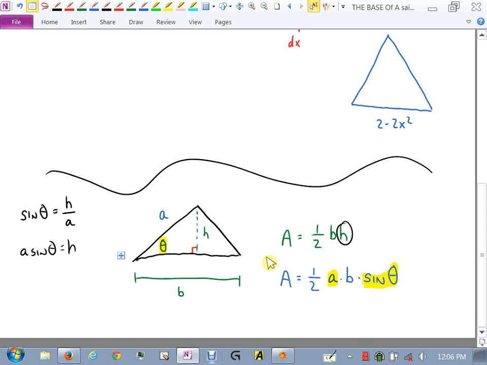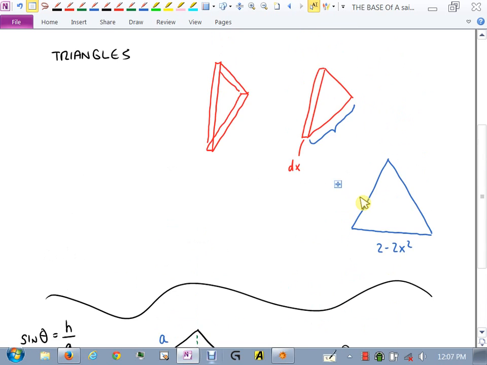So all it is is a clever little application of some right triangle stuff. But it's much more useful because in this formula I don't need to know the height. I need to know two sides and the angle between them, but I know that, don't I? Because this is an equilateral triangle, all angles are the same, so all angles are 60 degrees or pi over 3. And I know this side here was 2 minus 2x squared.